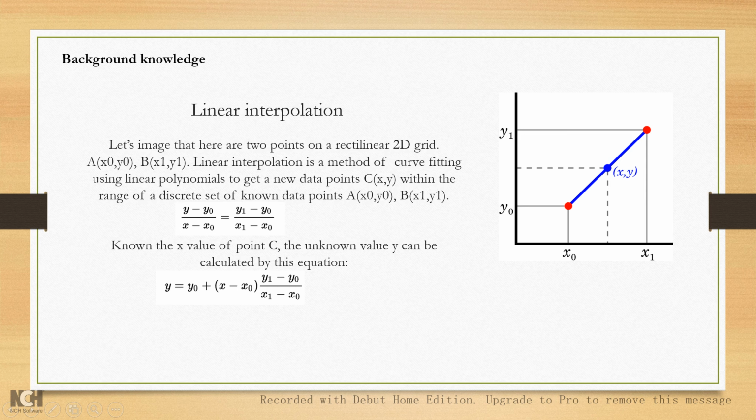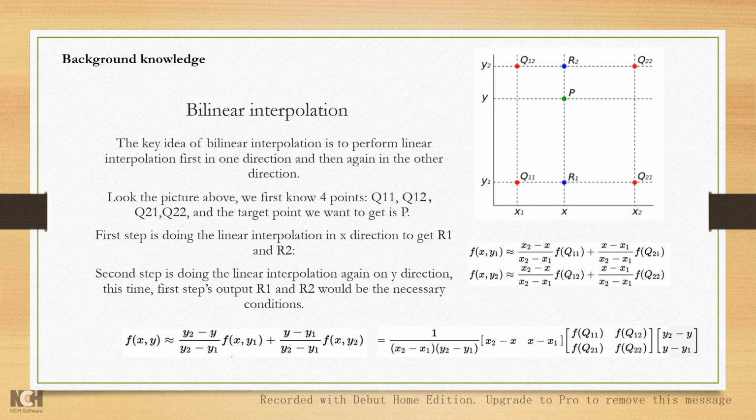So how do we use bilinear interpolation? The key idea of bilinear interpolation is to perform linear interpolation first in one direction and again in another direction. So let's look at the picture above. You can see 4 points: Q11, Q21, Q12, and Q22.